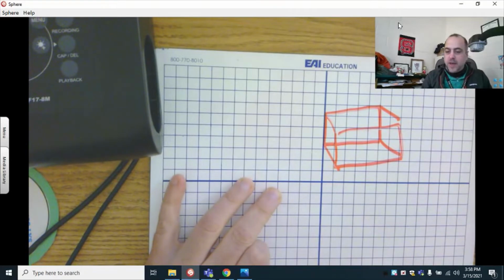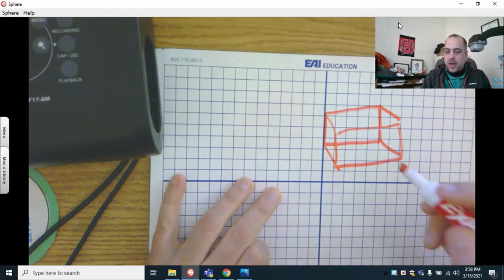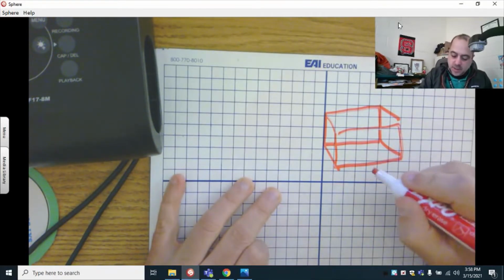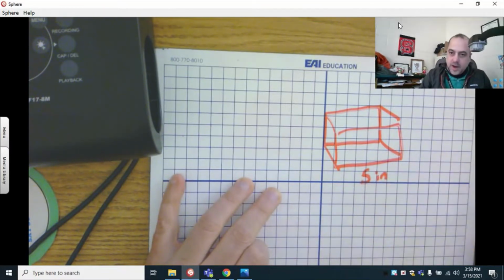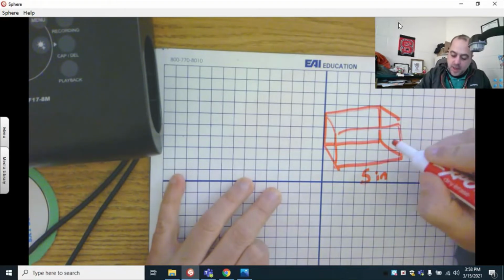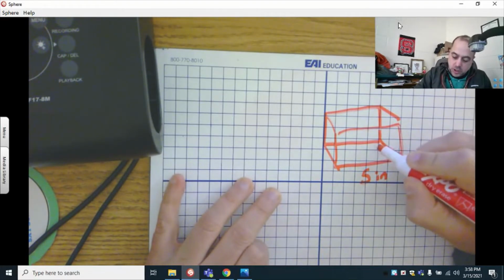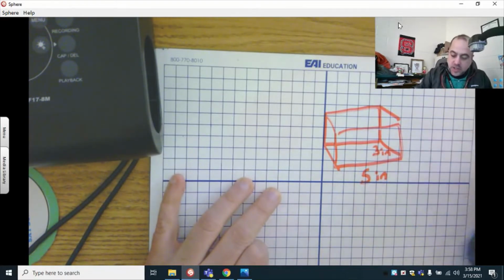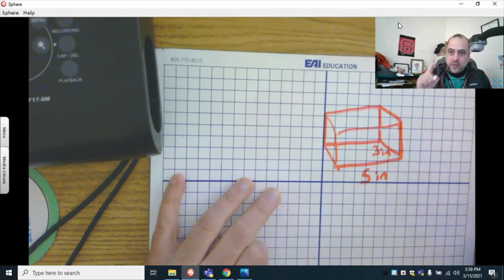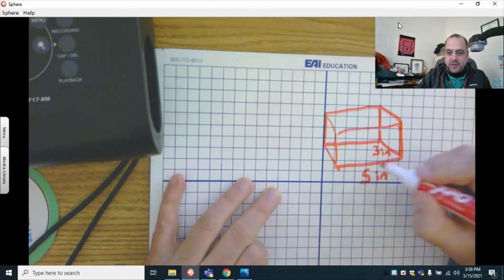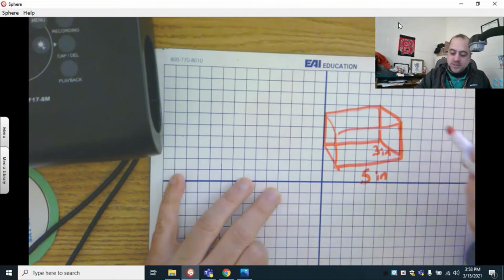Okay, so we have this prism, and let's say it is 5 inches wide, and we'll call it 3 inches long, and the height, remember it's 3 dimensions, so we have a 5 this way, a 3 this way, and how tall is it? Let's just say 6.